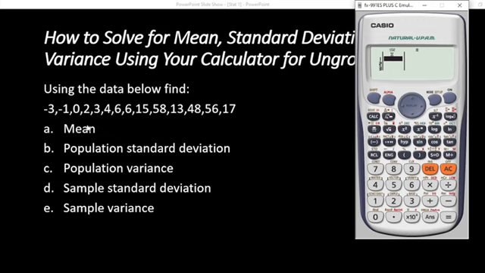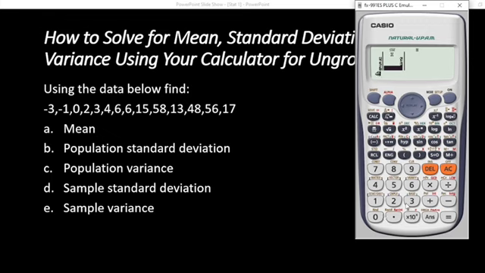What it means is that we are going to input this data, the -3, -1, and so forth, into our data. We have -3. After pressing -3, we press equal to. It moves to the next one. We have -1, equal to. We have 0, equal to.